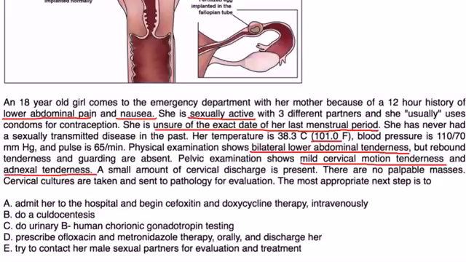The most appropriate next step is, the symptoms are very, very similar or almost identical to pelvic inflammatory disease, PID. But there's one sentence in here that leads you to think of ectopic pregnancy, and that one sentence is right here. She is unsure of her last menstrual period.